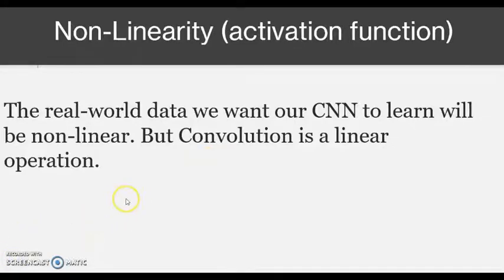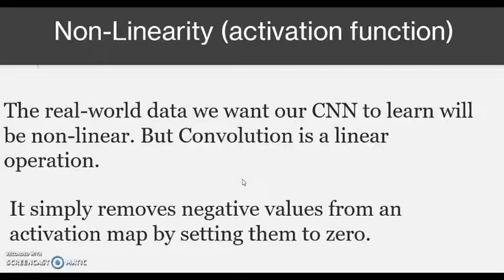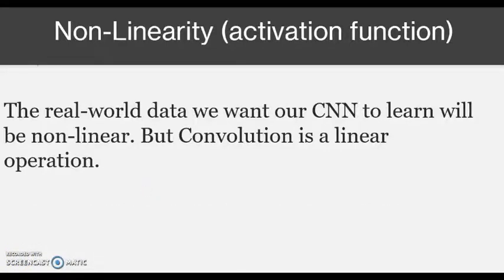So we are applying an activation function onto our feature map to increase the nonlinearity in the network, because as we said, the image itself is nonlinear.